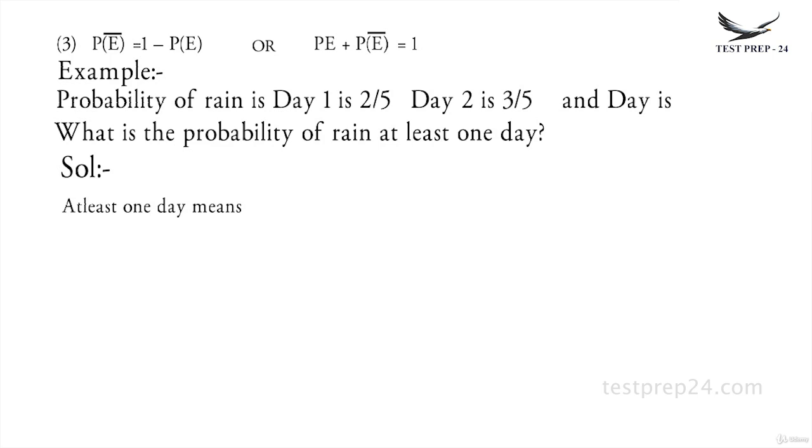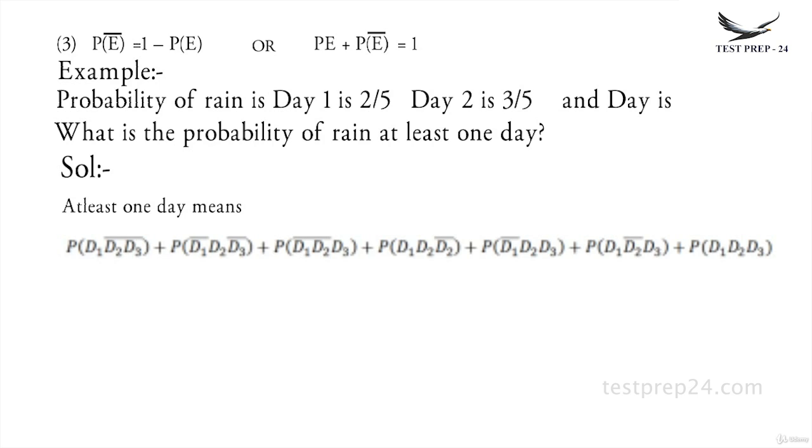So I'll write it like this: the probability of rain on day 1 and no rain on the other 2 days, or rain on day 2 and no rain on the other 2 days, or rain on day 3 and no rain on the other 2 days, or rain on first and second day and no rain on third day, or rain on second and third day and no rain on first day, or rain on first and third day and no rain on second day, or rain on all 3 days.